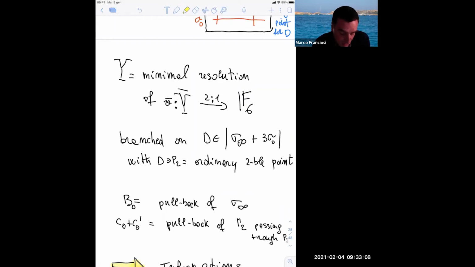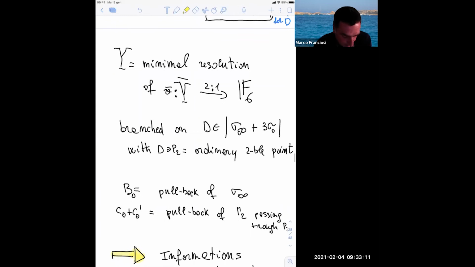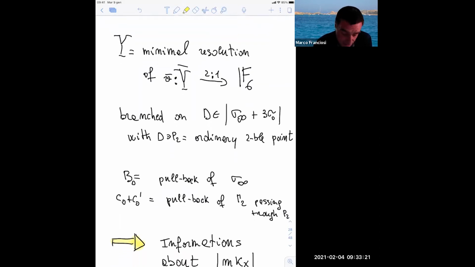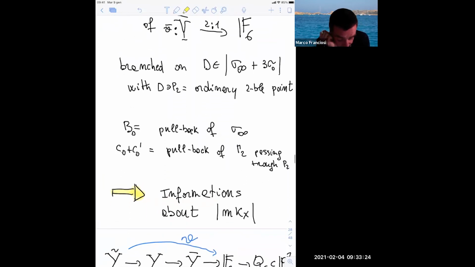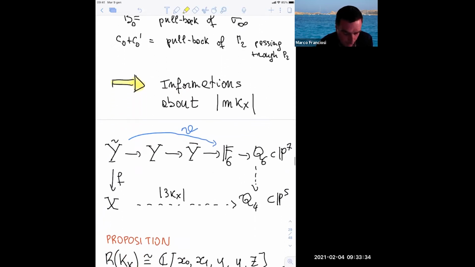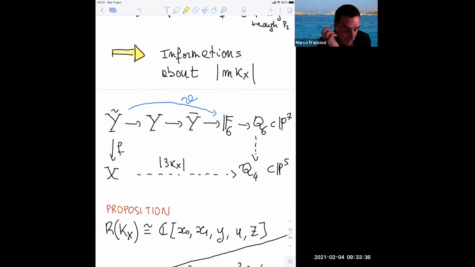And we consider B0 the pullback of sigma infinity, and C0 plus C0 prime the pullback of this fiber gamma 2 passing through P2. This description helps us to get information about the pluricanonical system. So we have this map theta, which is the composition from Y tilde to Y bar to F6, and we have this map onto X.